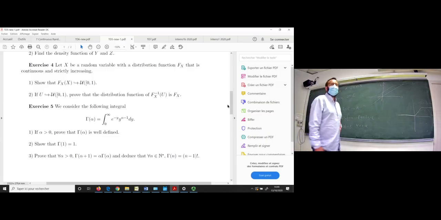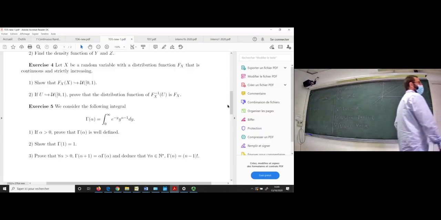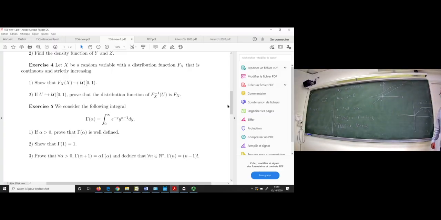Two questions. Typically, from a practical point of view, the second one will be interesting, and I will explain to you why just after a while. First question, I want you to prove that if I take F_X of capital X, I am able to find the distribution of this one.